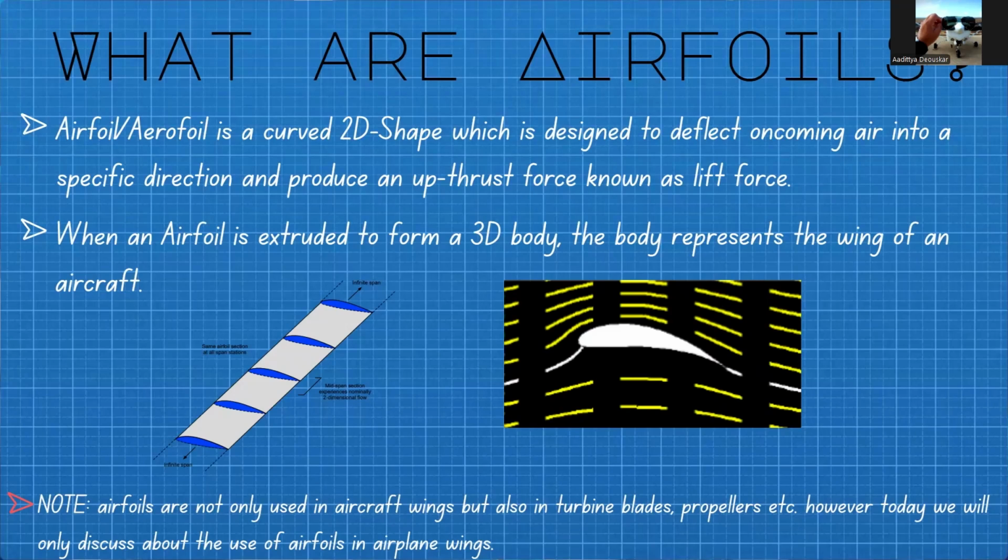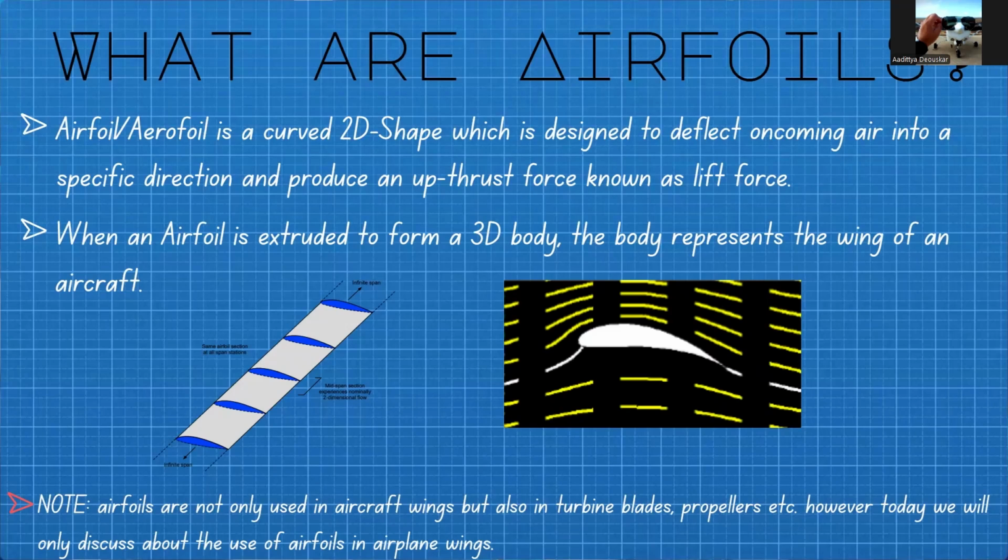So, when you keep that wing and shoot air at it, the air will get deflected downwards. Now, due to equal and opposite reaction, the airfoil will get pushed upwards. The force that will push it upward is known as lift force.